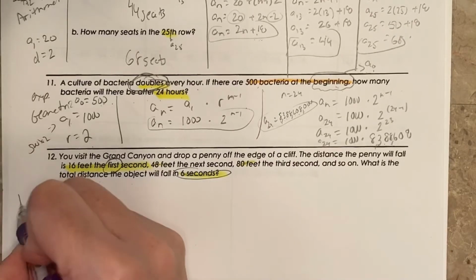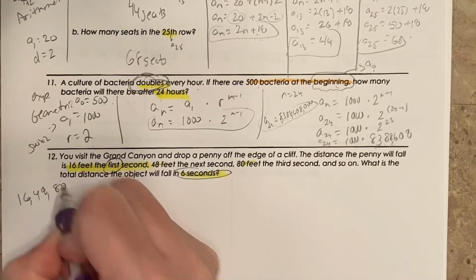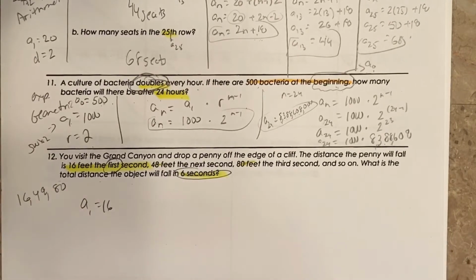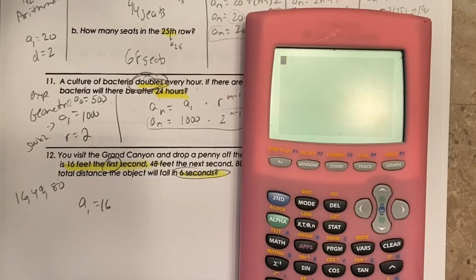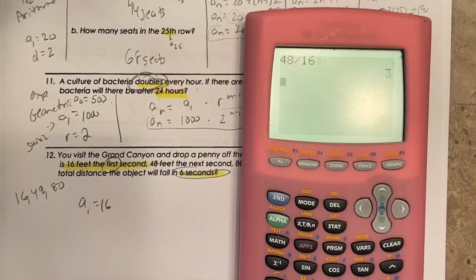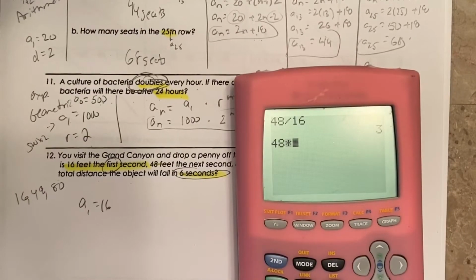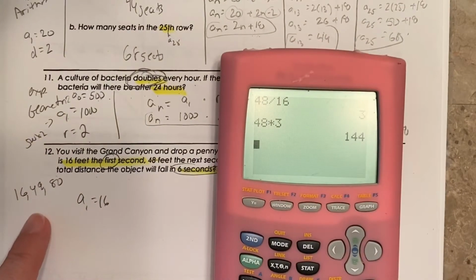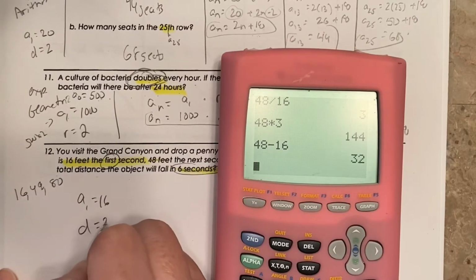Okay, so what do we have? We have 16, 48, and 80. So those numbers definitely are pretty wide. Let's just see. 48 divided by 16 is 3. So 48 times 3 is definitely not 80. So wow, this is arithmetic. So let's see, 48 minus 16, that means the difference is going to be 32.